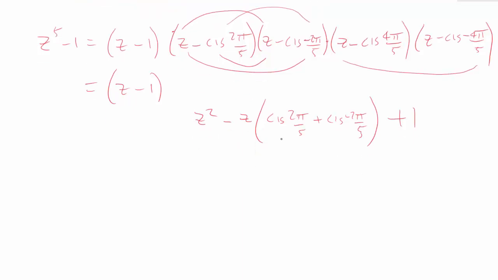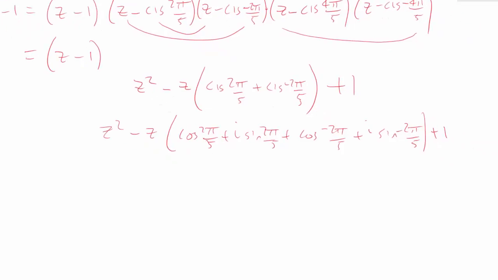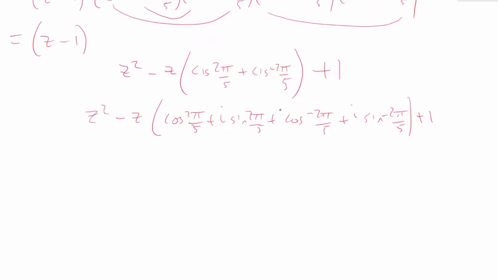Now what is this equal to? Well, always remember cis is just notation, it's just an abbreviation. It's cos of 2 pi by 5 plus i sine of 2 pi by 5 plus cos of negative 2 pi by 5 plus i sine of negative 2 pi by 5. And those two cancel because sine's an odd function.